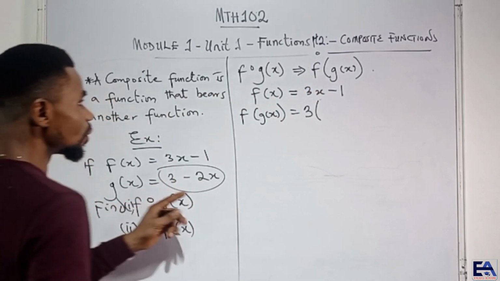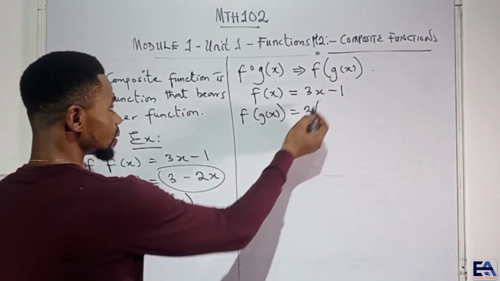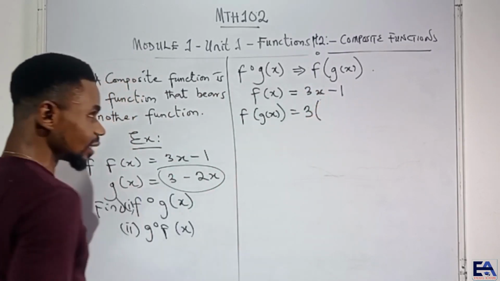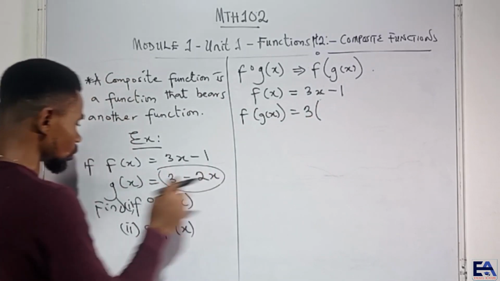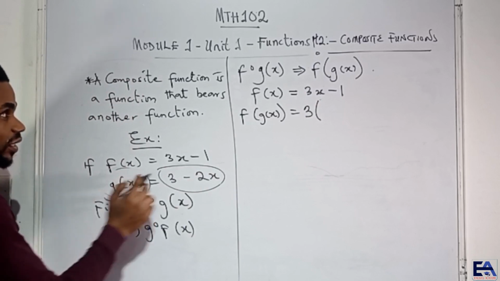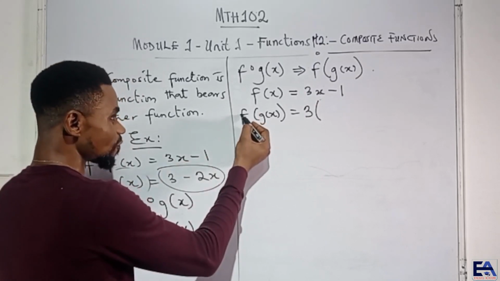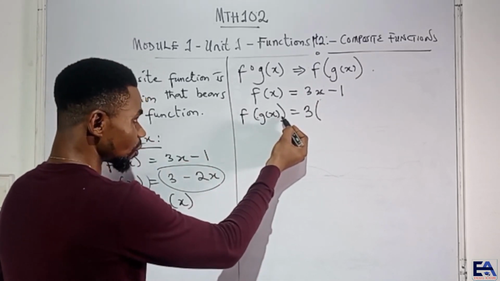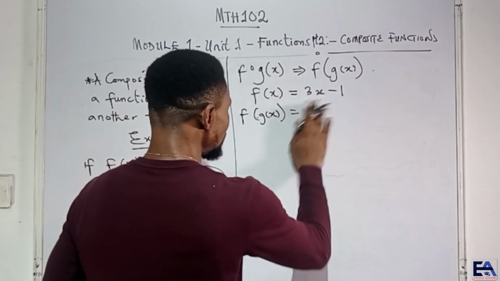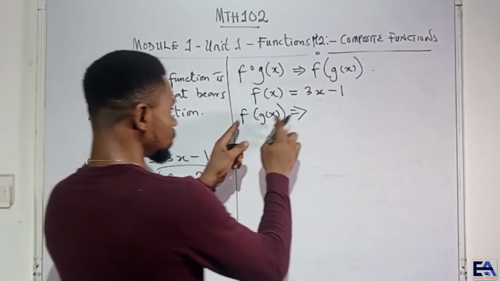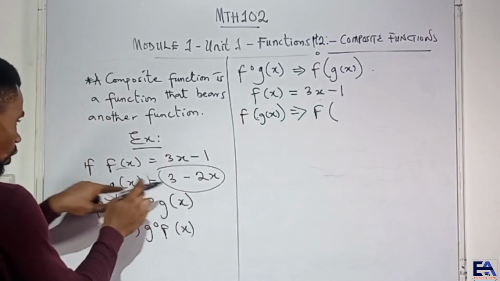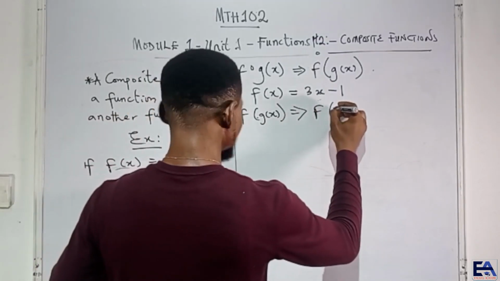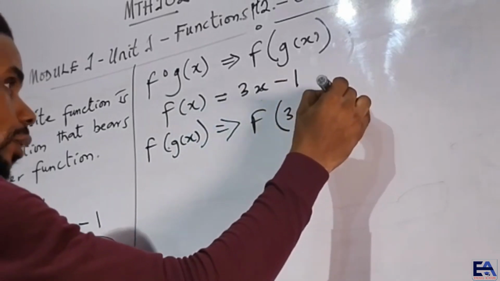Instead of writing x here, we'll rather replace our x with 3 minus 2x, which is the value of g of x, because we are looking for f of g of x. Okay, so let me put it this way. f of g of x is f of whatever g of x is. In this case, g of x is 3 minus 2x.